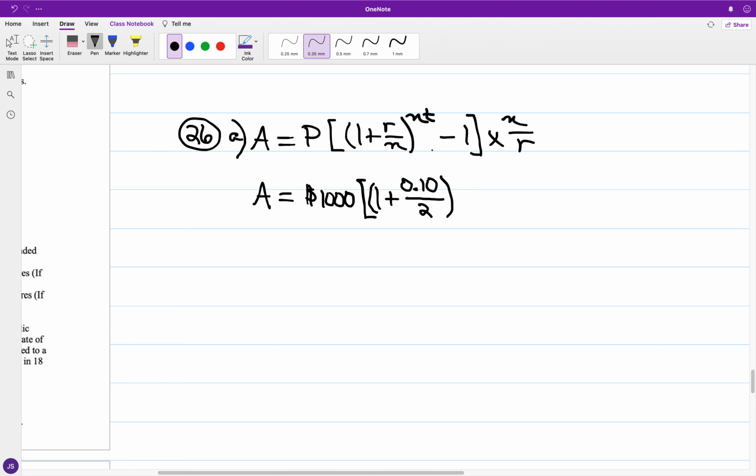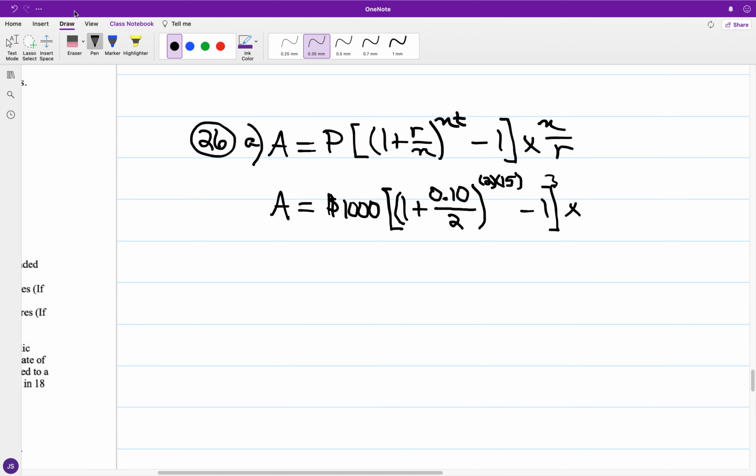And we're looking at twice a year for 15 years. We have minus 1, and times N over R, so N is 2, and for the rate of interest we have 0.10 from 10%.